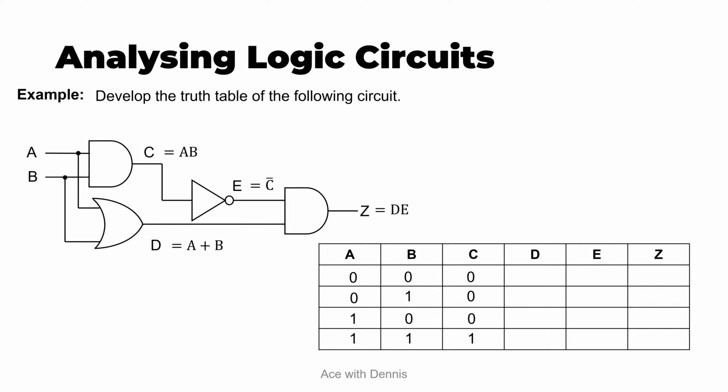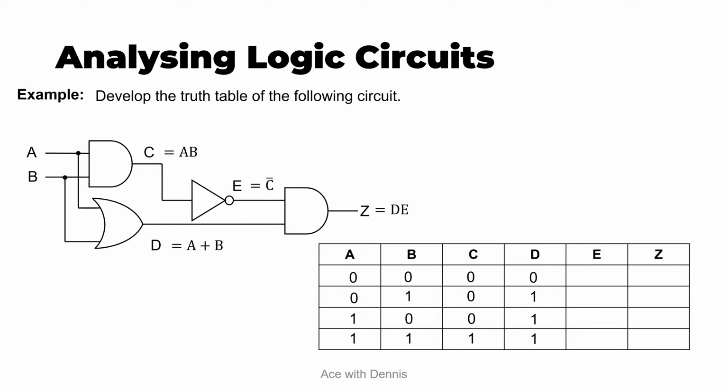For D, it is the result of the OR gate, and it will be 1 when either A or B is 1 or both are 1s. Hence, the result for D will be 0, 1, 1, 1.